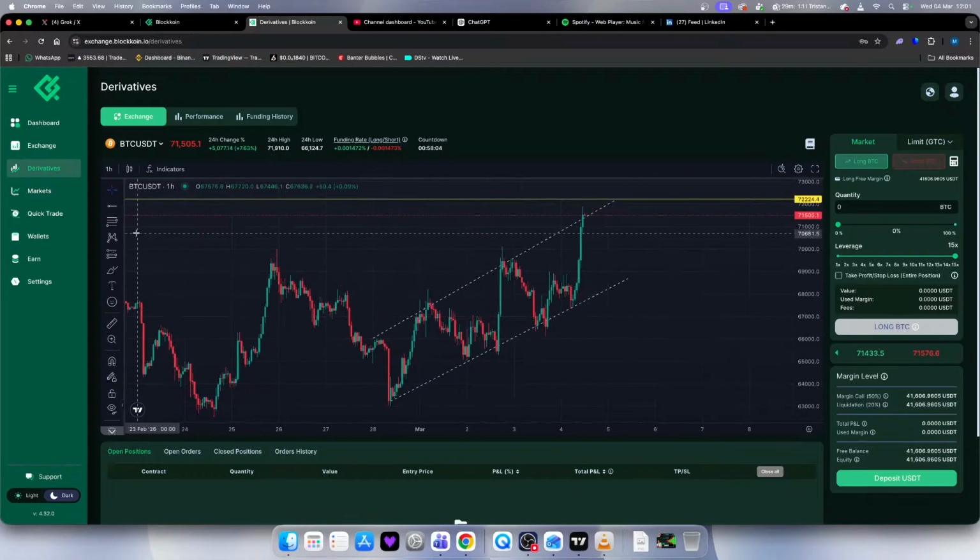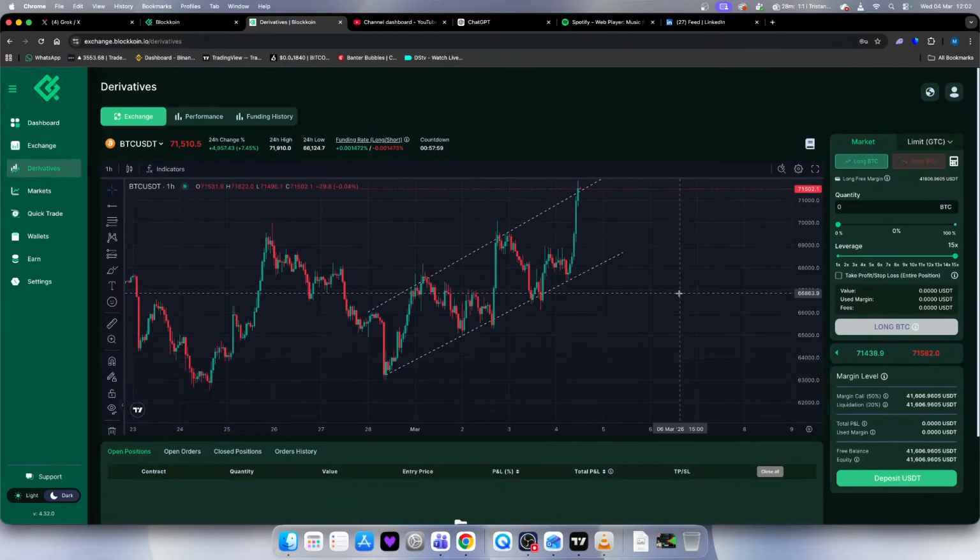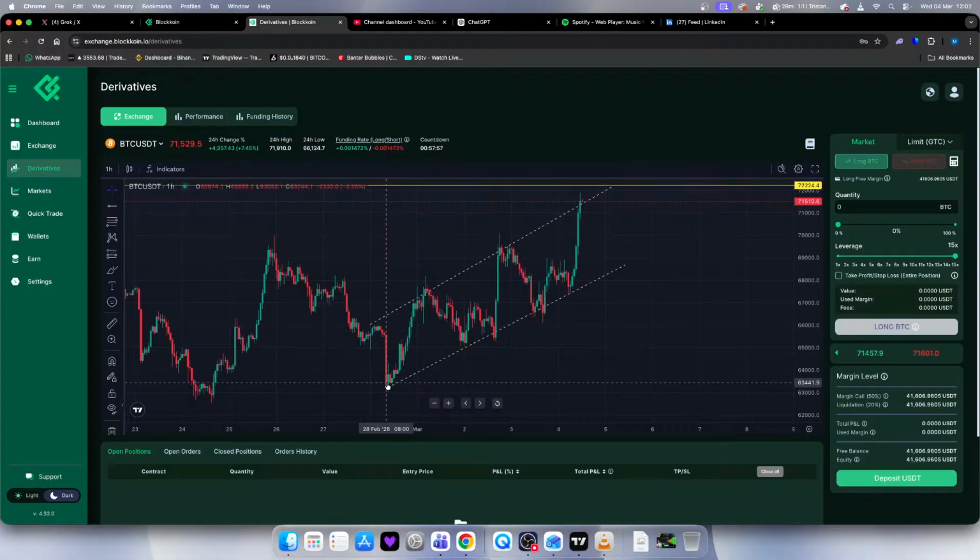So as you can see, I have Bitcoin on the 1 hour chart with a bullish flag over here. We're going from support to resistance to support to resistance to support, and now currently at resistance once again. So with these levels, resistance and support, liquidity will mainly lie just above resistance and, like I said, just below support.